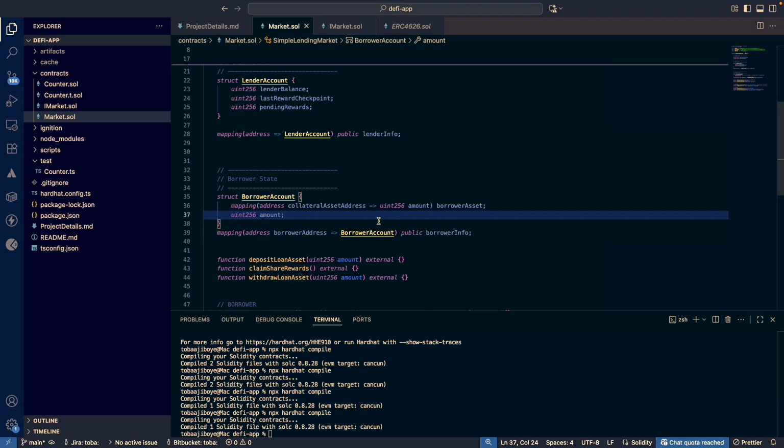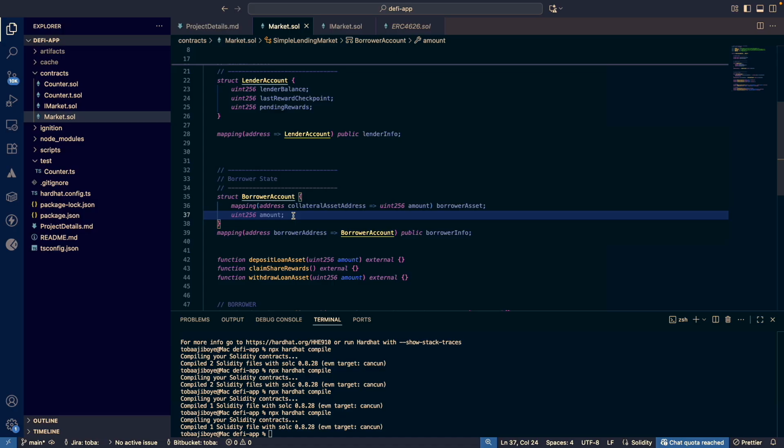all right, borrower account. But apart from that, let's have something called an active loan count, maybe. Actually, no, active loan count doesn't make sense, because if it gets liquidated, maybe.